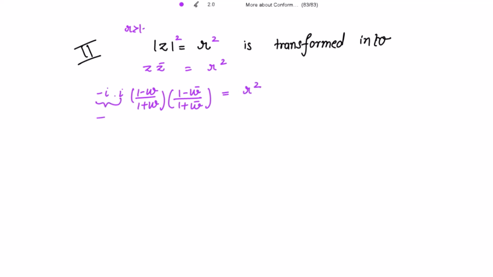This becomes positive 1, and then multiplying the numerators and the denominators, we get 1 minus w minus w bar plus w into w bar. So this is equal to r square times, multiplying the denominators, we get 1 plus w plus w bar plus w into w bar. Let's take w bar common.